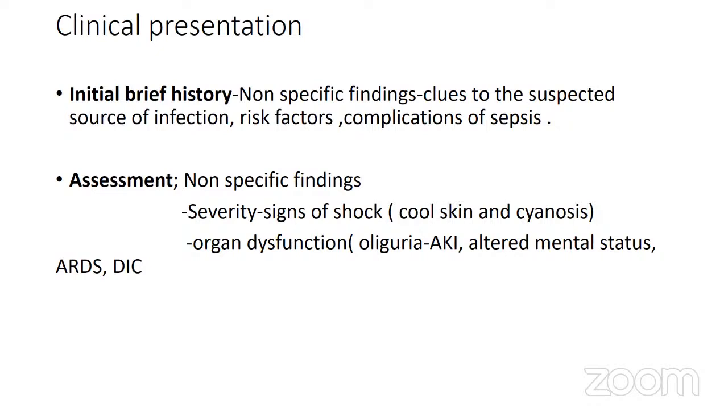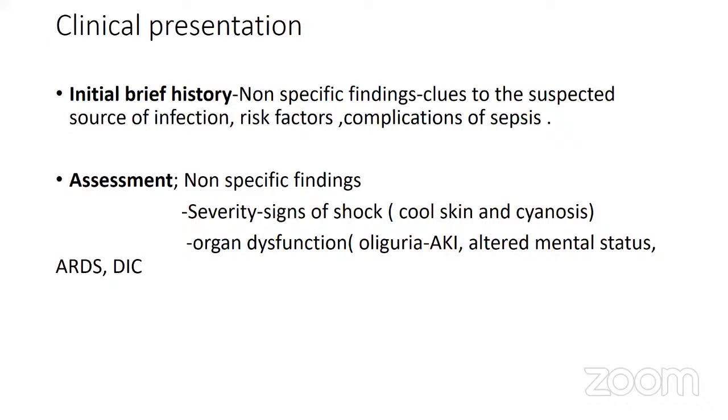You should also elicit risk factors, which include age more than 65 years, any immunosuppressed state, like liver or renal disease, HIV, malignancy, and also some genetic factors.